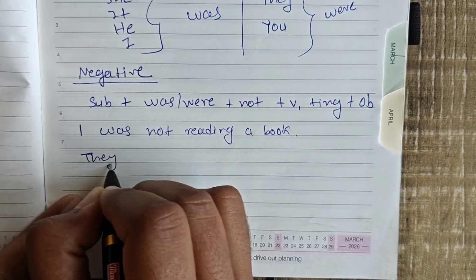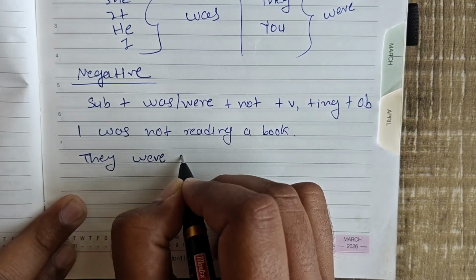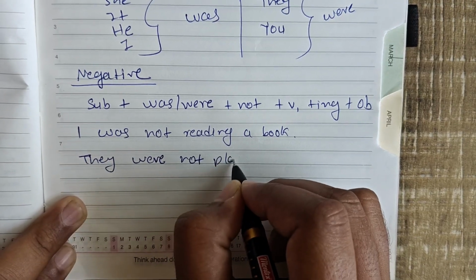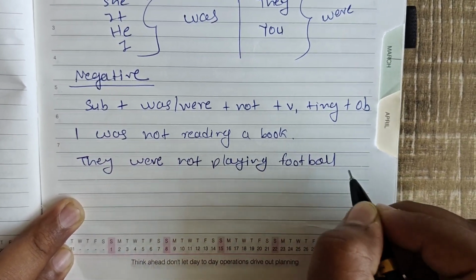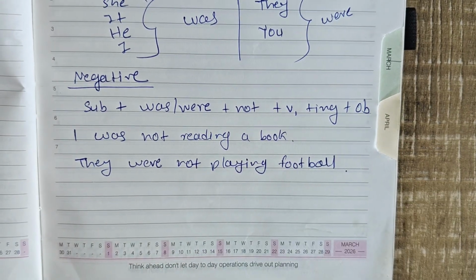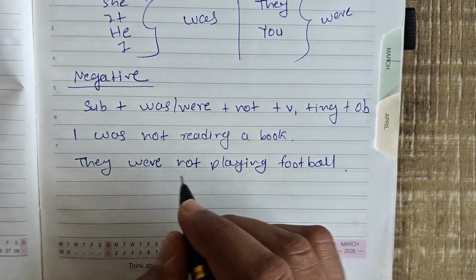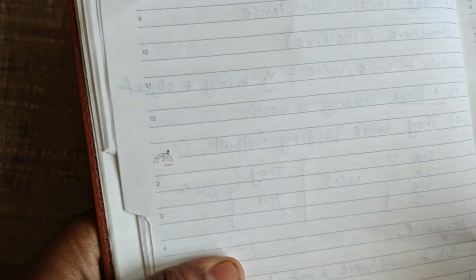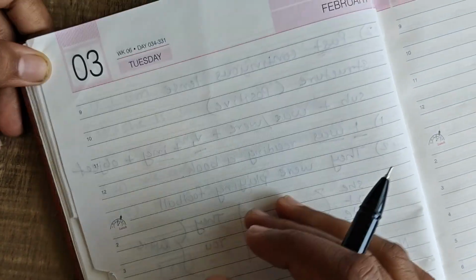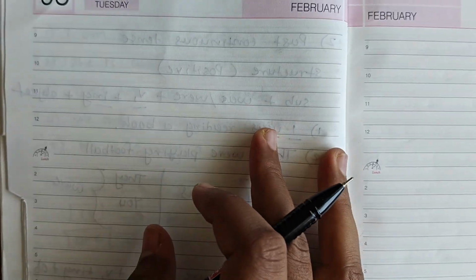Then they were not playing football. They were not playing football. Like that, not comes in between for the negative sentences. Let's see how we will ask the questions in continuous tenses.